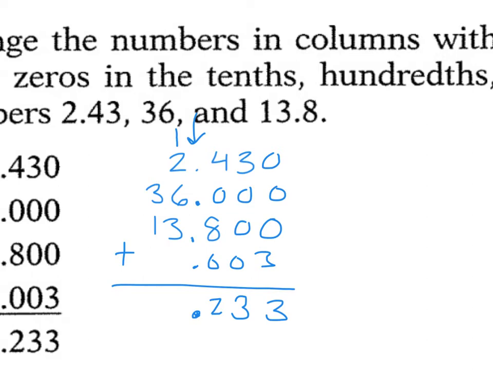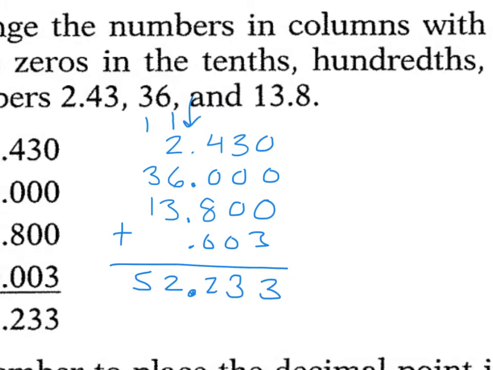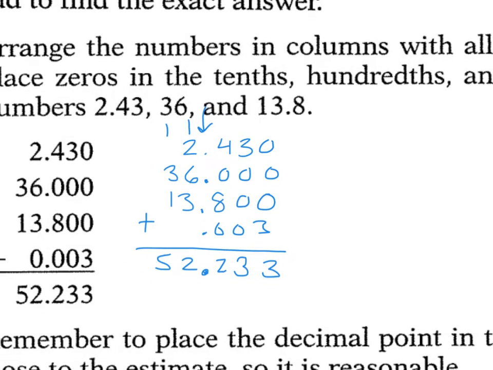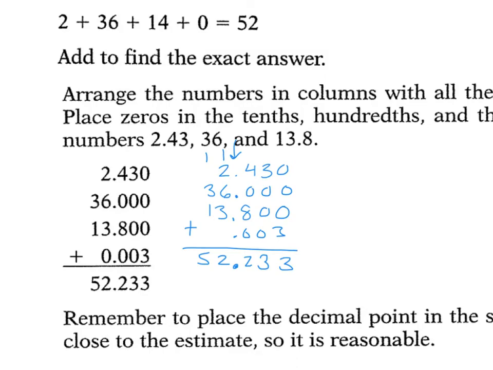So I have 1 plus 2 plus 6 plus 3, which is 12. And bring a 1 to the top, and then I have 3 plus 1 plus 1, which is 5. So our final answer is 52.233.